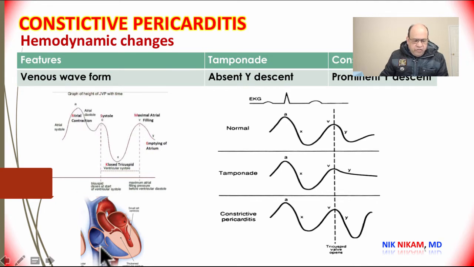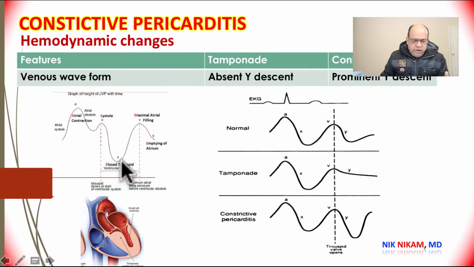As the atrium relaxes, the pressure comes down. When the ventricular contraction begins and pushes the tricuspid ring into the right atrium, we see the C wave. As the ventricle continues to contract, its size becomes smaller and smaller, which gives more space for the atrium to expand, and that results in the X descent.